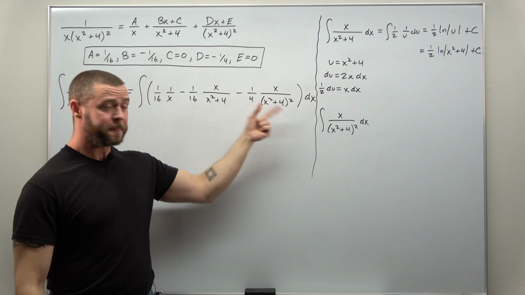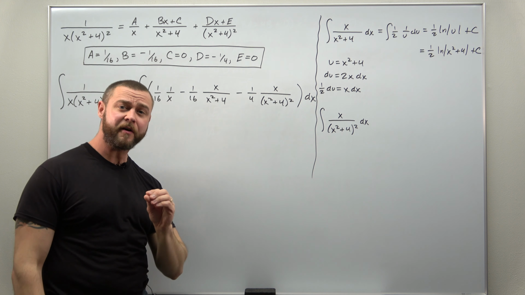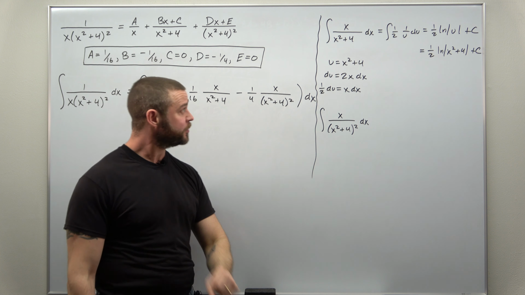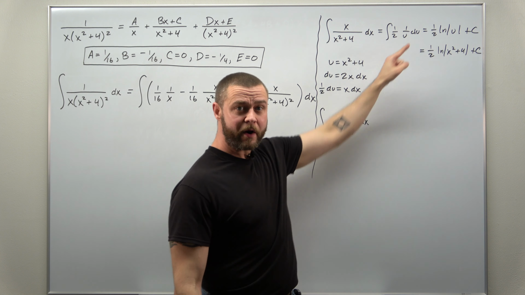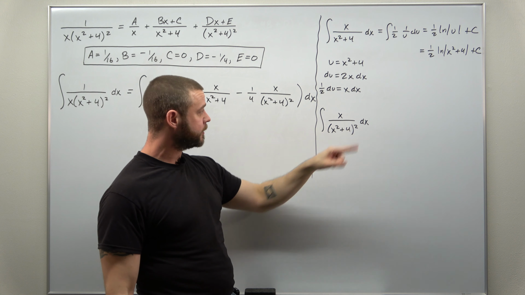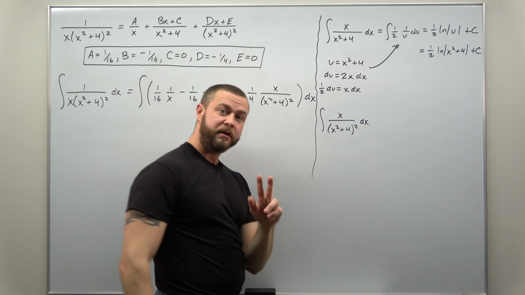And then the last one, we can also use this same u substitution, but it's just going to convert to a different antiderivative that we need to calculate. It's not going to be 1 over u, but you can probably see you're going to get 1 over u squared. So we used our work here to convert to there.